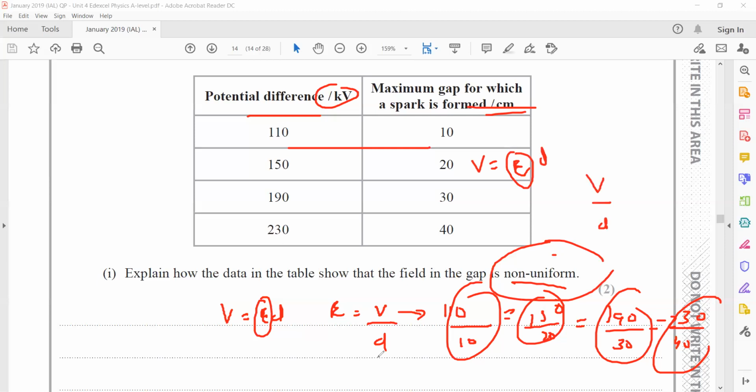So V divided by E should give a constant result, but I'm not getting a constant result. You will get 1 mark for comparing the results, and the second mark for the reasoning: the ratio is not constant, so it is not directly proportional. So the electric field is non-uniform between the plates.